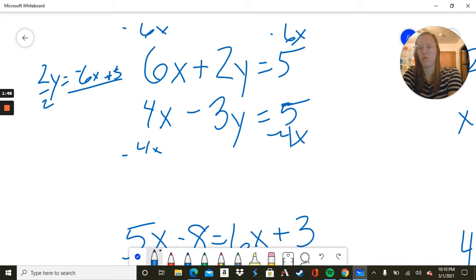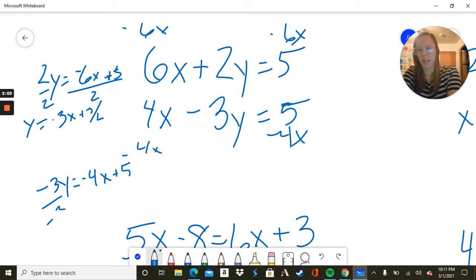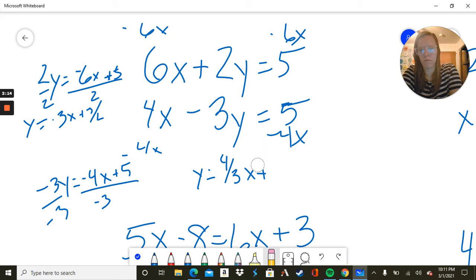Divide everything by 2. y equals negative 3x plus 5 halves. Here, negative 3y equals negative 4x plus 5. Divide by negative 3. y equals 4/3 x minus 5/3.